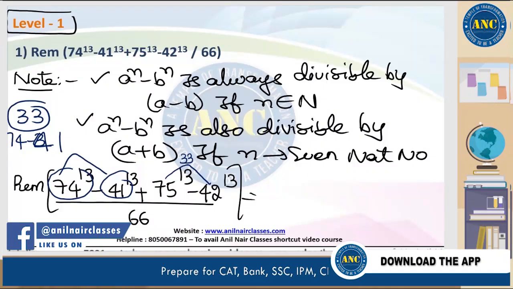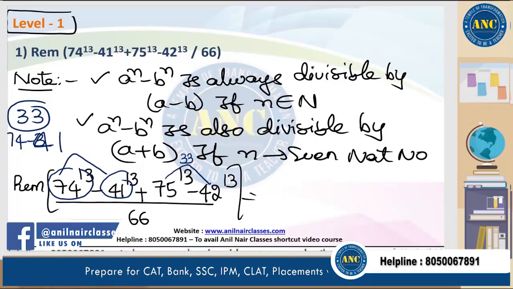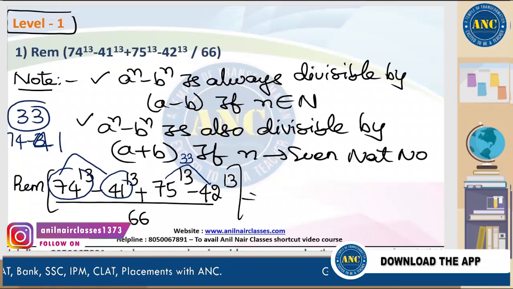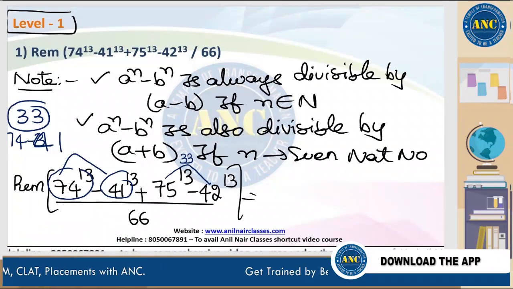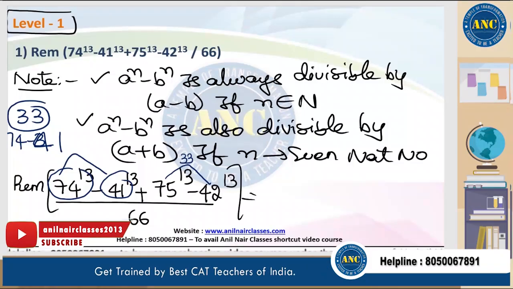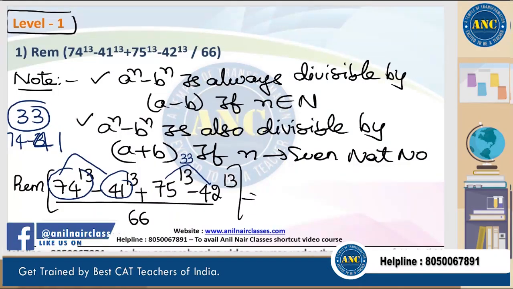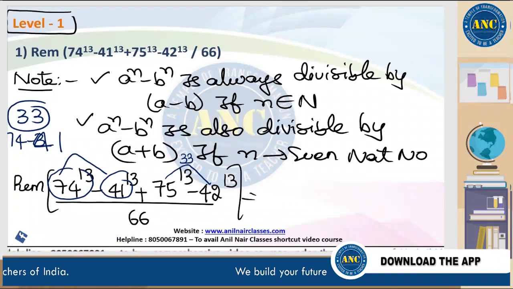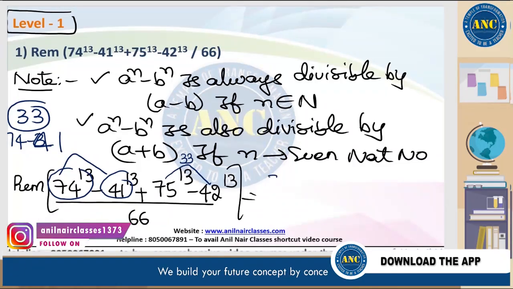Just by looking at a question based upon a power n minus b power n property, the numerator is divisible by 33. But according to the question, the denominator is 66. So we have to check whether another 2 comes in the question. Why? Because 66 is 2 into 33. 74 is an even number.